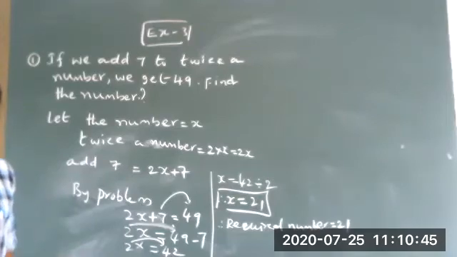Clear, children? Next, if we subtract 22 from 3 times a number, we get 68.